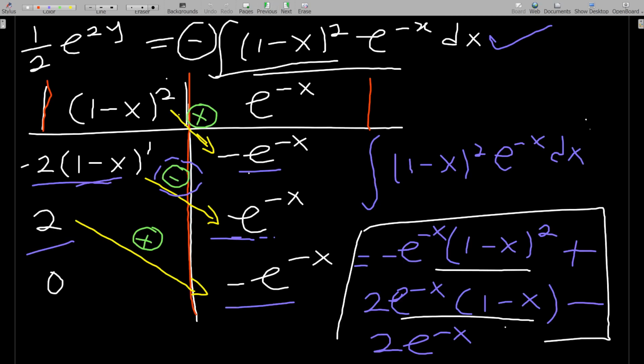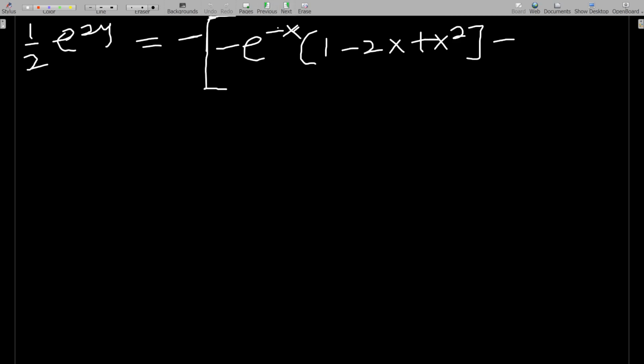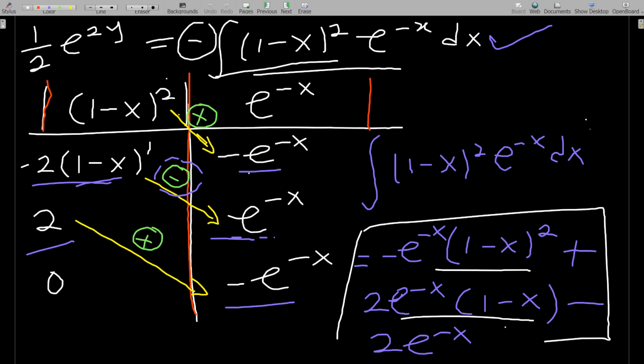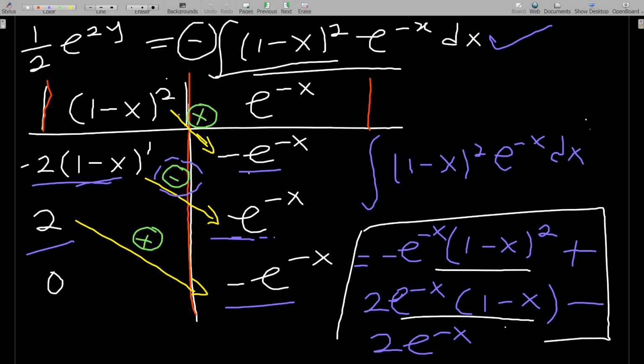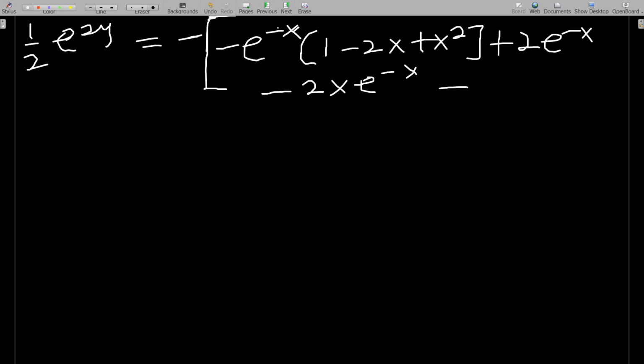No, it's plus. Actually, it's plus 2e to the negative x, minus 2x e to the negative x. Then you expand the last one. The last one is actually minus 2e to the negative x. All of these multiply by the negative, then everything plus c.